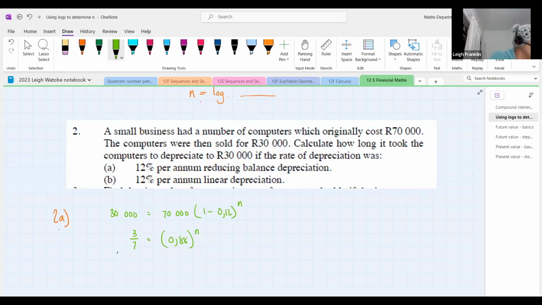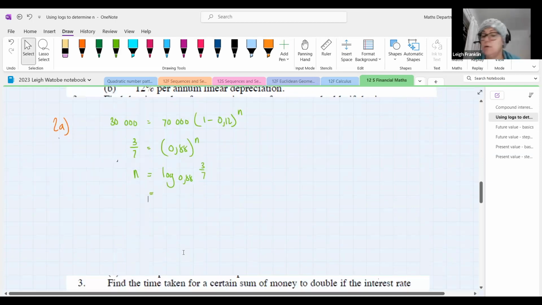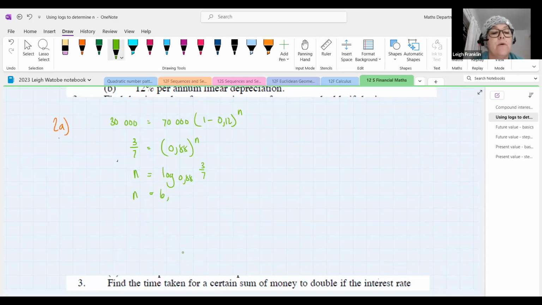And now we're going to use our logs. So n equals log base 0,88, or if you want to write it as 22/25, no difference, of 3/7, then we would end up getting the same answer that you all gave me, which was 6,63.